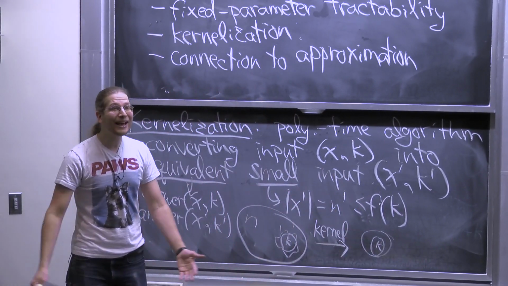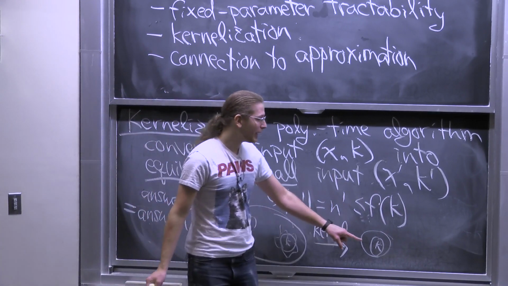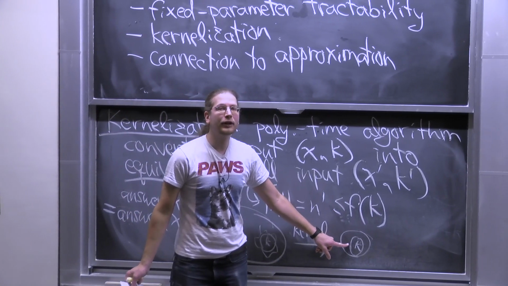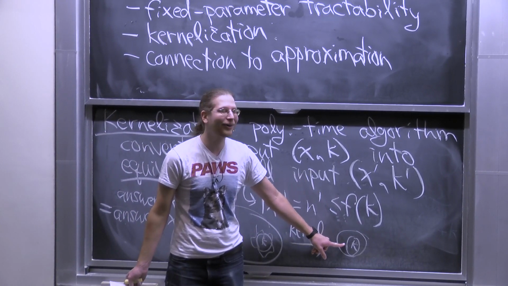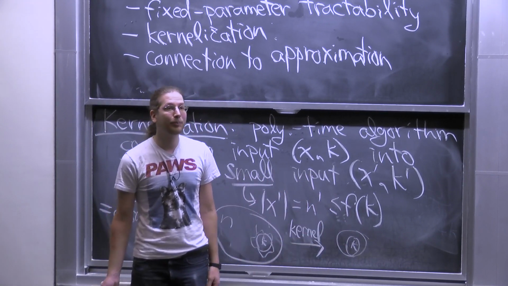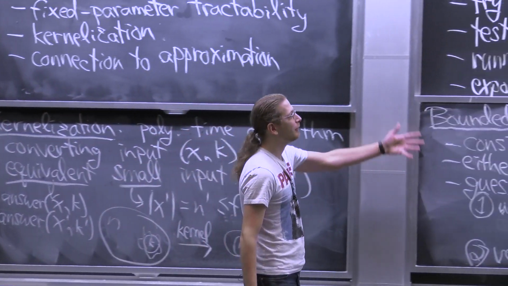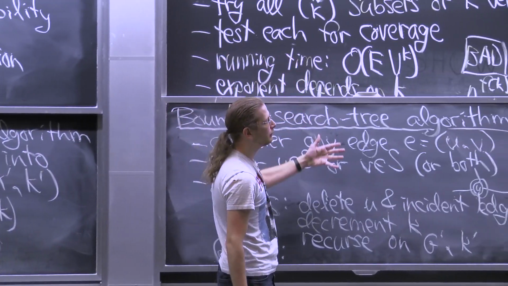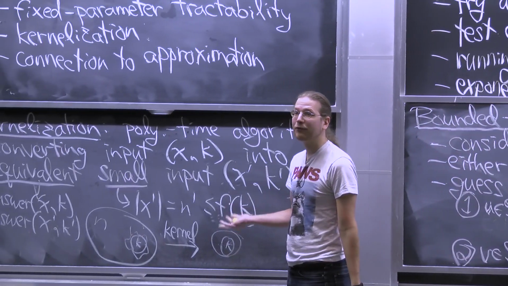You can run any algorithm you want. Any finite algorithm applied to this instance will run in some function of k time. Doesn't matter, as long as it's a correct algorithm. And if your problem is in NP, there is an exponential time algorithm. You just try all the guesses. So we have two of them here. We could run either of these after we've kernelized, and we would get an FPT time.